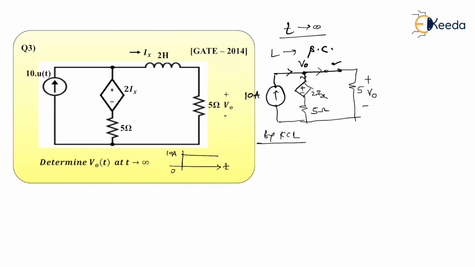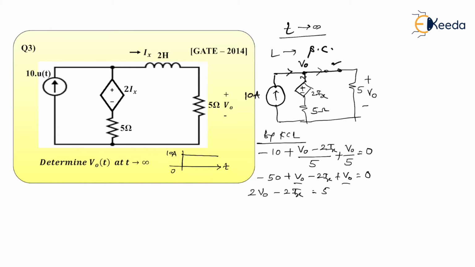As you can see, 10 ampere is incoming, so I can take minus 10 plus, talking about the middle branch, V naught minus 2Ix whole divided by 5 plus V naught by 5, and that whole equal to 0. As you can see, the LCM is 5, so I can say minus 50 plus V naught minus 2Ix plus V naught equal to 0, right? Then V naught plus V naught will become 2V naught minus 2 times Ix equal to 50.